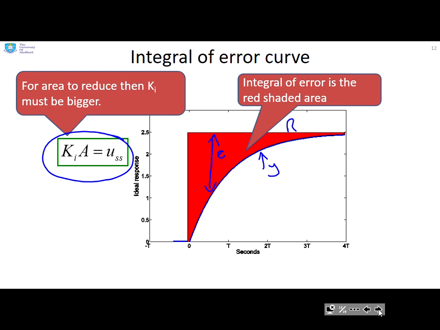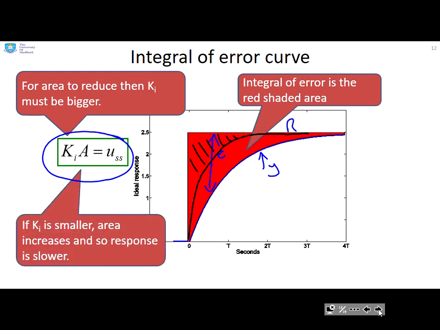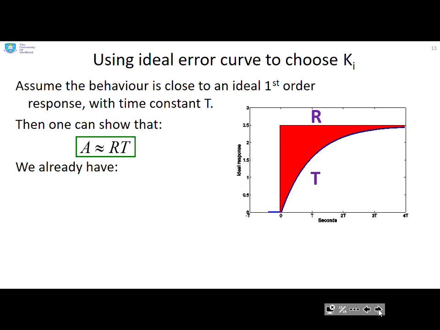If I draw a line to illustrate, here's a line that makes that area now in here smaller. So if I make that area smaller, essentially I'm getting a faster response. So if Ki is bigger, I have the potential to get a faster response. And conversely, of course, if Ki is smaller, then the area has to increase, and so I've got slower convergence.